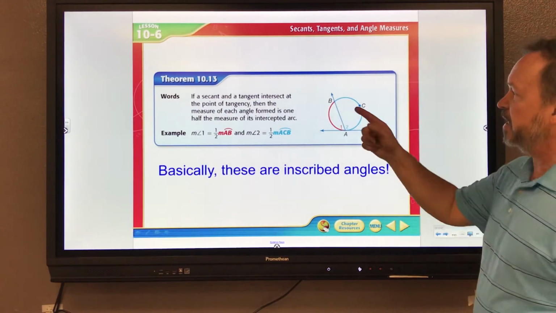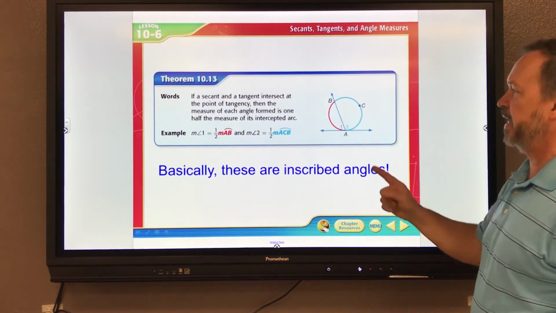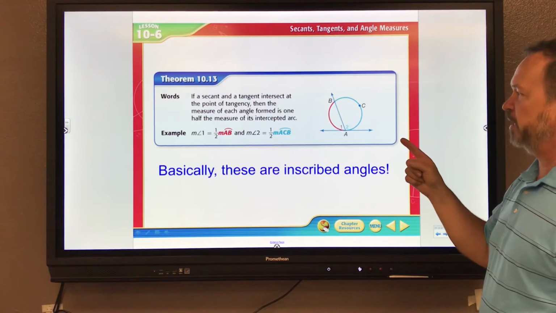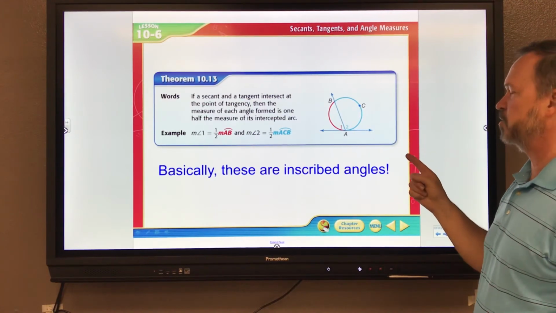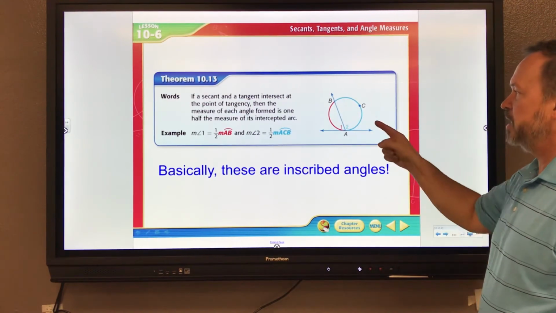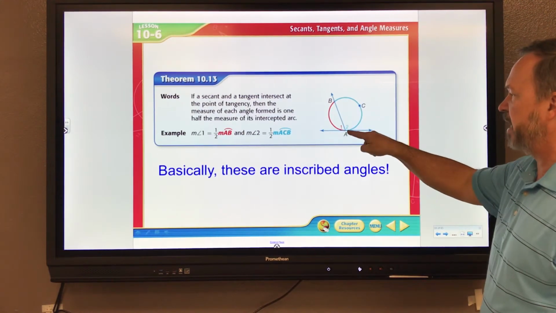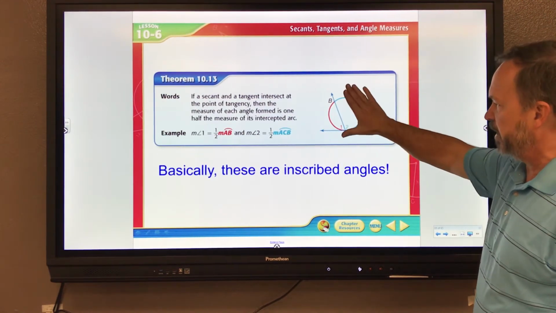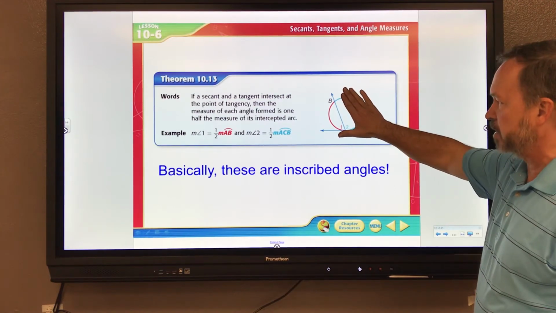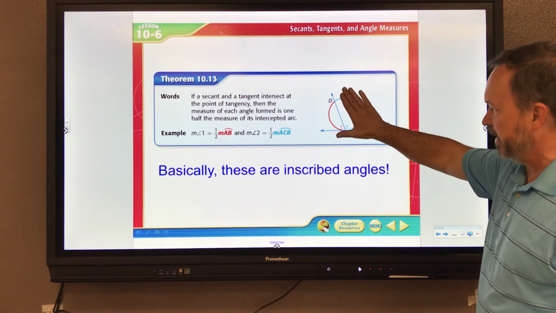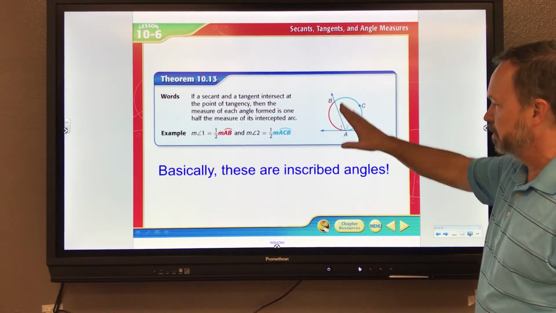So if a secant and a tangent intersect at the point of tangency, then the measure of each angle formed is 1/2 the measure of its intercepted arc, because these are basically inscribed angles. So you've got a secant and a tangent meeting at the tangent point, and the measure of that angle is going to be 1/2 the arc because it's an inscribed angle. Same thing here.